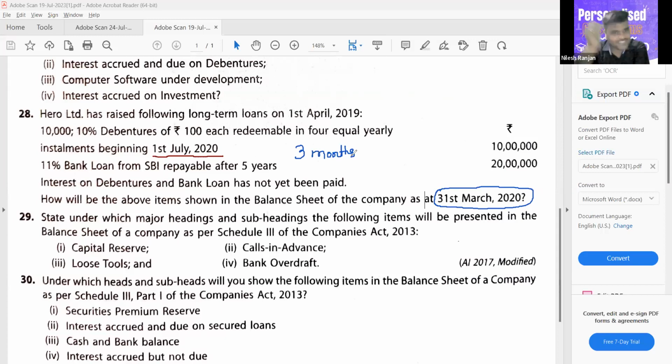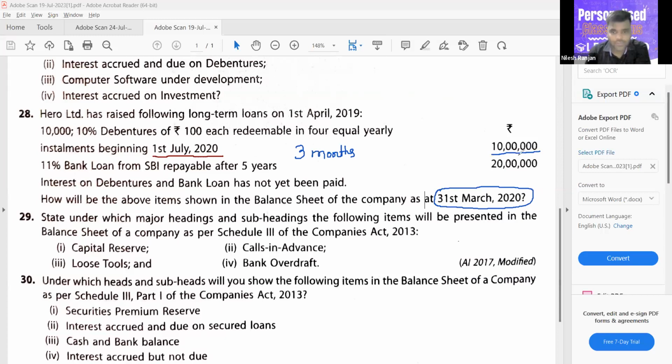It is given here 10,000, 10% debentures. Actually, 10,000 is the number of debentures. Amount is here 10 lakh. So it will be 1 lakh.